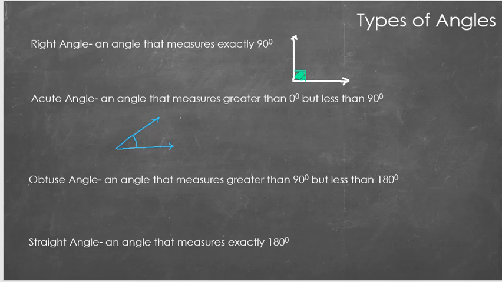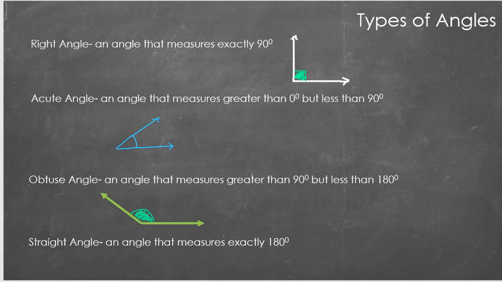An obtuse angle, you guys have had some fun with this one in class. So this would be an obtuse angle because it is greater than 90, but less than 180. So it's a big angle. It's kind of a wider angle.